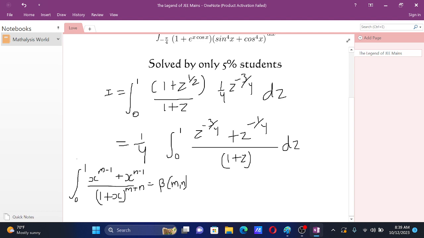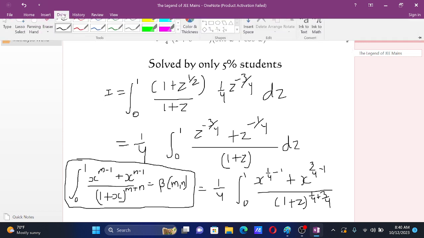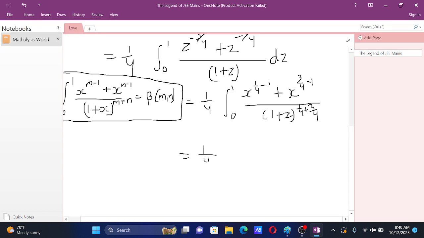And we see that we can take our integral in the required form, which is pretty lucky for us. We have integral from 0 to 1 x to the power 1 by 4 minus 1 plus x to the power 3 by 4 minus 1, and again 1 by 4 and 3 by 4 sum up to 1. So 1 plus z to the power 1 by 4 plus 3 by 4. Now we can use this and we get 1 by 4 and beta of 1 by 4 comma 3 by 4.